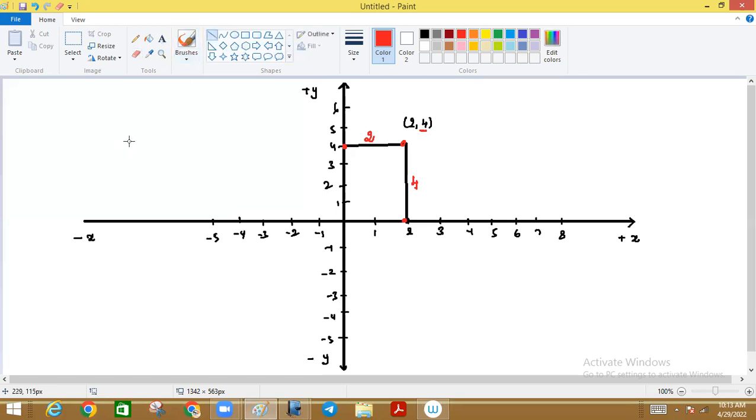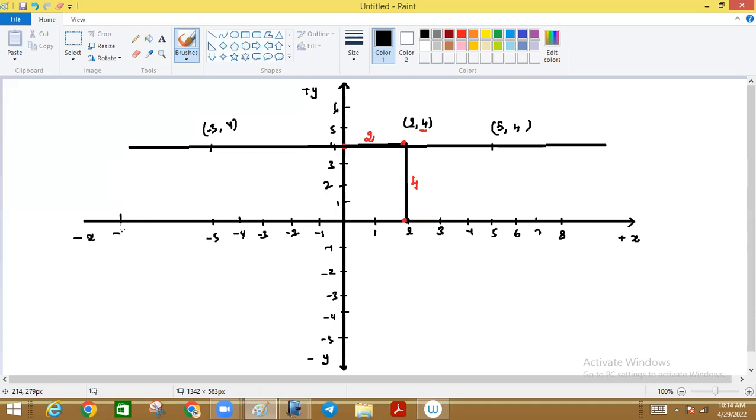If you just look at the points on this line, what is this point? 5, 4. What about this point? -5, 4.